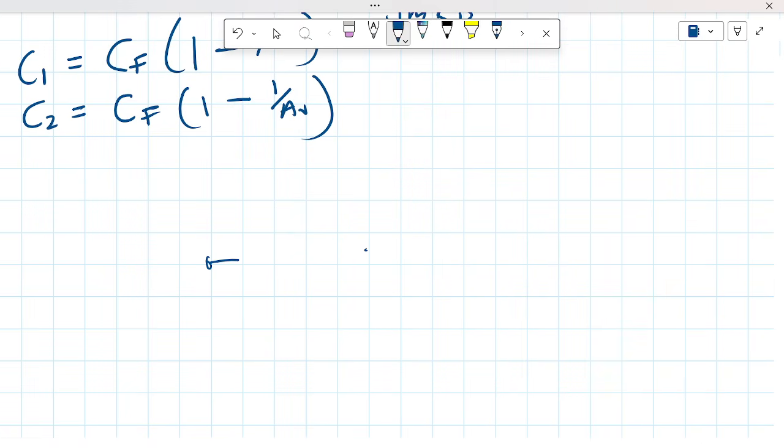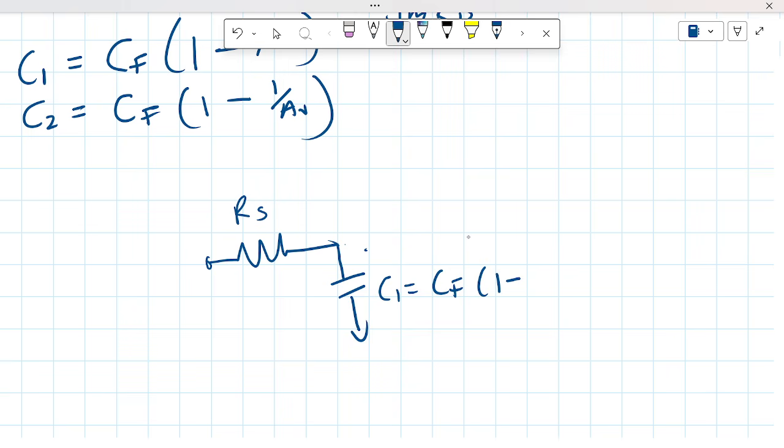We had our RS here, and now the new capacitance, instead of C1, let me write C1 is equal to the original CF times 1 minus the gain, which now becomes minus GMRD, so it becomes 1 plus GMRD.